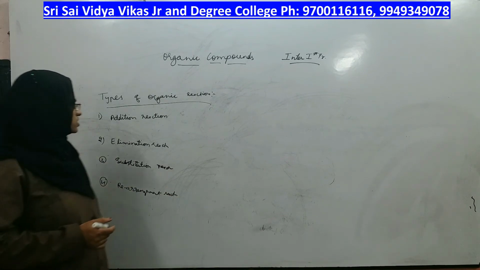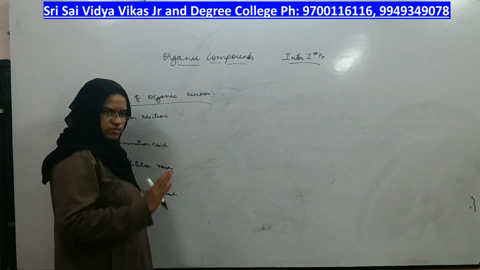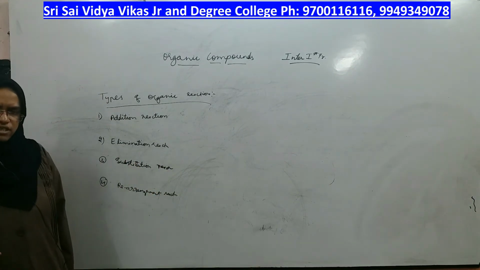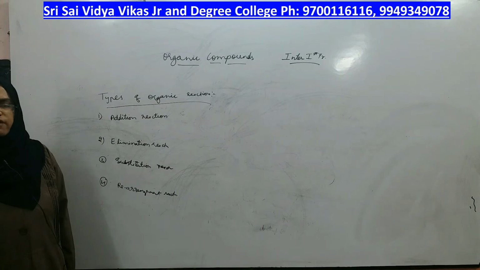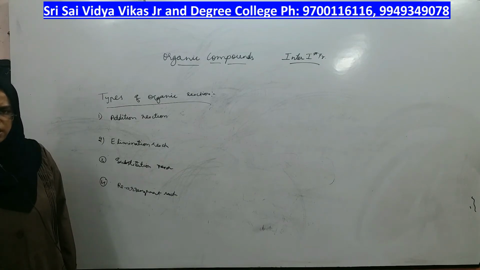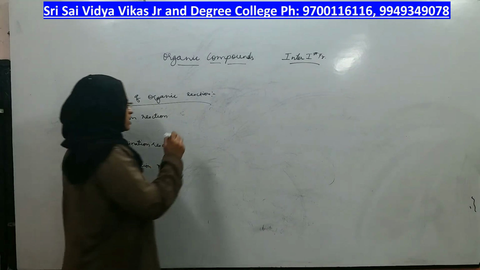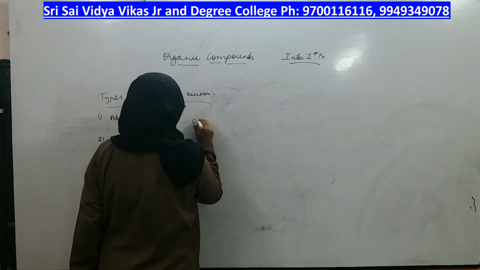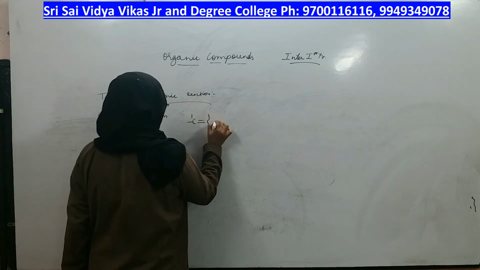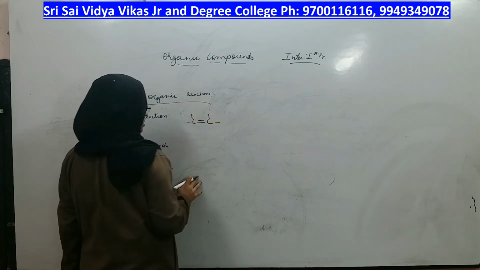Coming to the addition reaction, whatever the reaction may be, always remember that the tetravalency of carbon has to be maintained throughout the reaction, right? If I take an alkene, what does alkene mean? Double bonds are present in the compound, right?